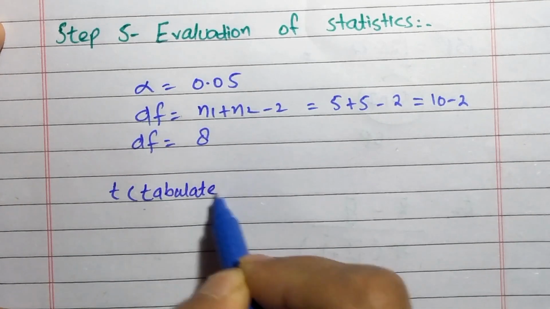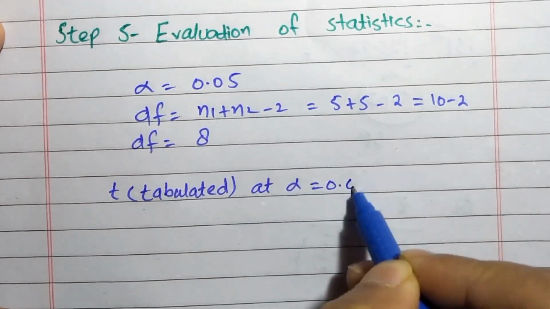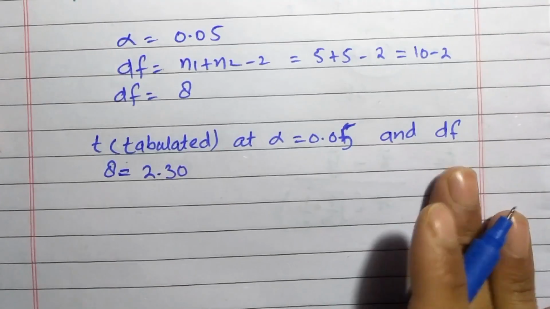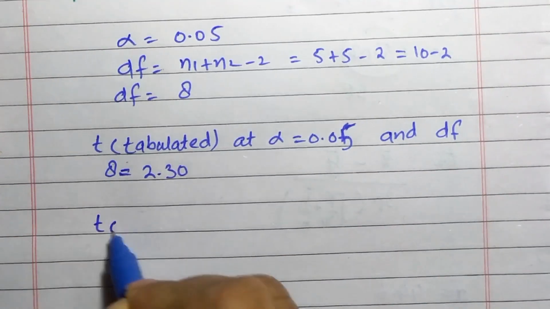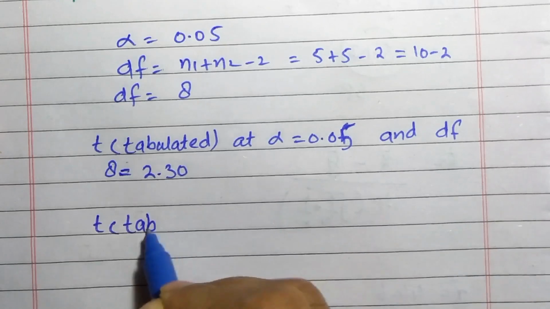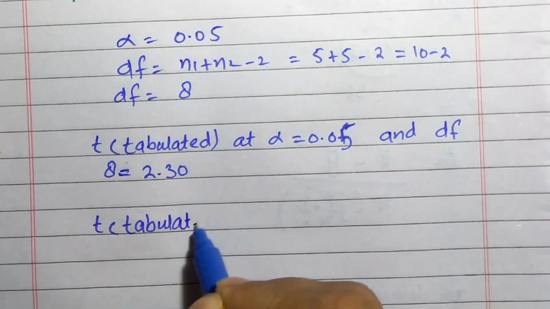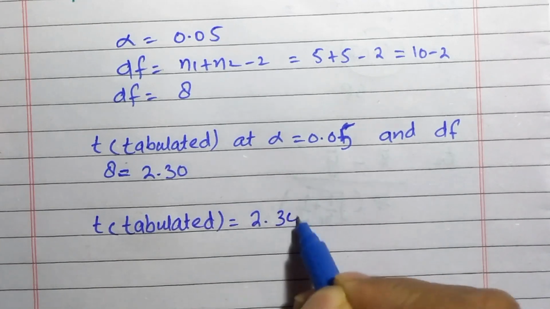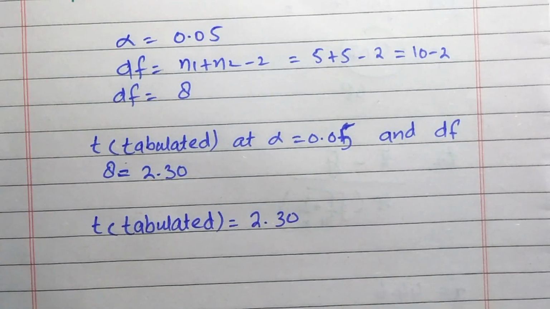t tabulated at alpha equal to 0.05 and degrees of freedom 8 is equal to 2.30. Now we are going to compare t tabulated with t calculated to find which of the hypotheses is correct. First we will make a t curve.